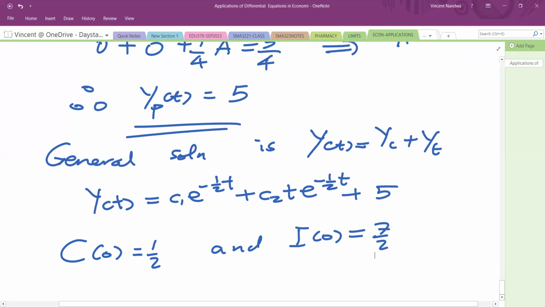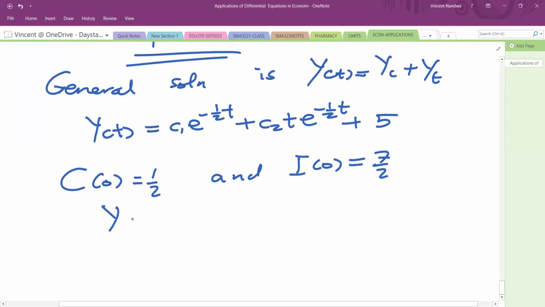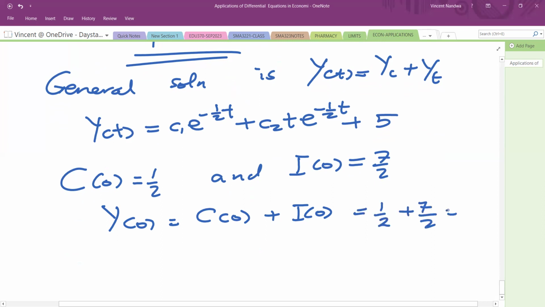So we can get y at 0, which is C at 0 plus I at 0. This is the relationship between y, C, and I. So we'll have a half plus 7 over 2, which is 4.